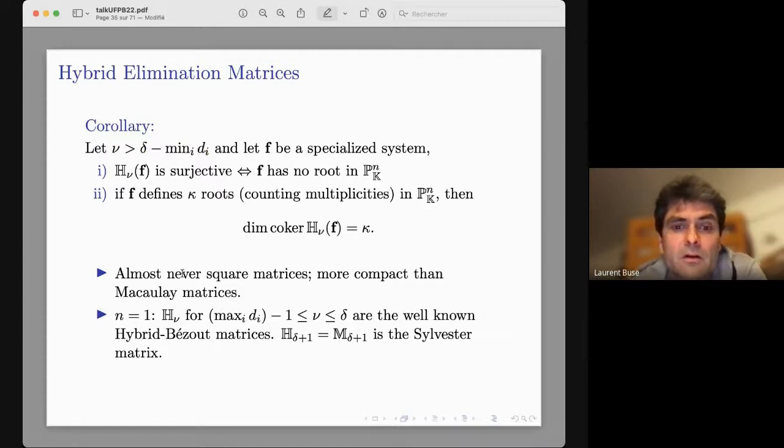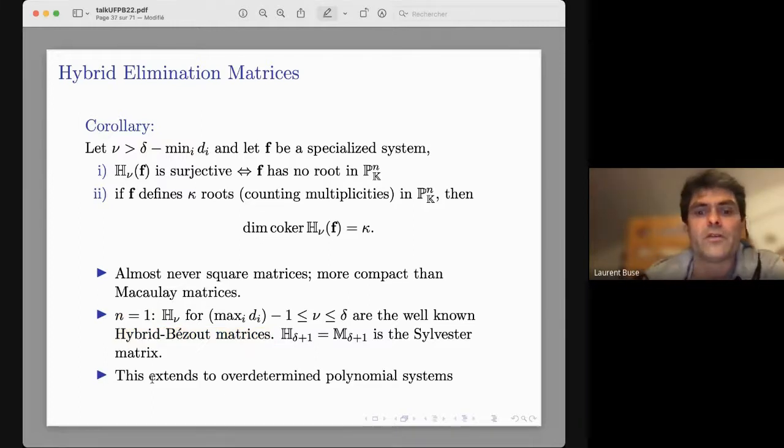And also, if you think about the classical case n equal 1, so 2 equations over P1, you recognize here not the Sylvester matrix, but what we call the hybrid Bezout matrices that are very well known. They are a kind of extension of the Sylvester matrix that are more compact. If you have met them before, I just wanted to say that they are encapsulated in this family of matrices over Pn.